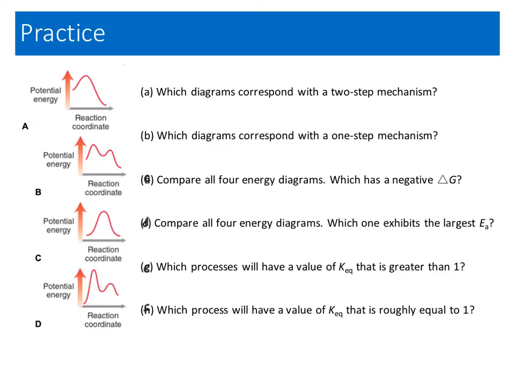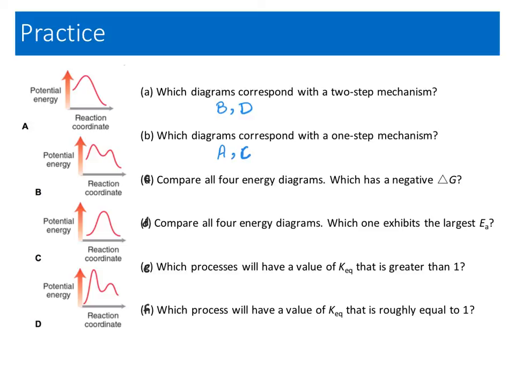So obviously in diagram B, we have 2 transition states, and in diagram D, we also have 2. So B and D are 2-step mechanisms. Which diagrams correspond with the one-step mechanism? We need to look for one peak or one transition state, which is diagram A and C.